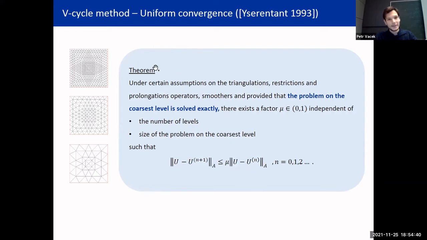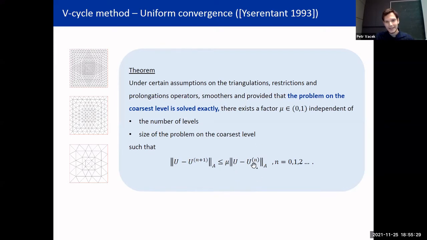the convergence of the V-cycle method in our setting is studied, for example, in an article by Iserentan from 1993, and we have a theorem that under certain assumptions on the triangulation, restriction and prolongation operators, and on the smoothers, and what is important, provided that the problem on the coarsest level is solved exactly, there exists a factor μ, which is independent of the number of levels and of the size of the problem on the coarsest level, such that the A norm of the error is after each iteration reduced at least by the factor μ.